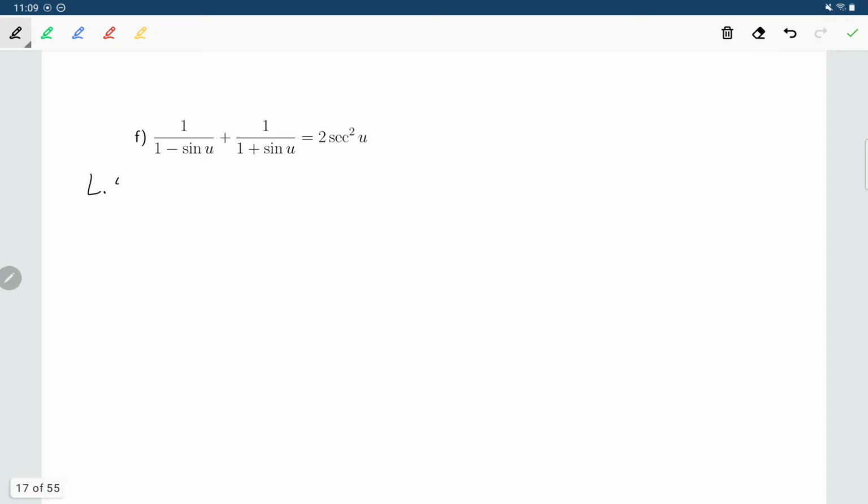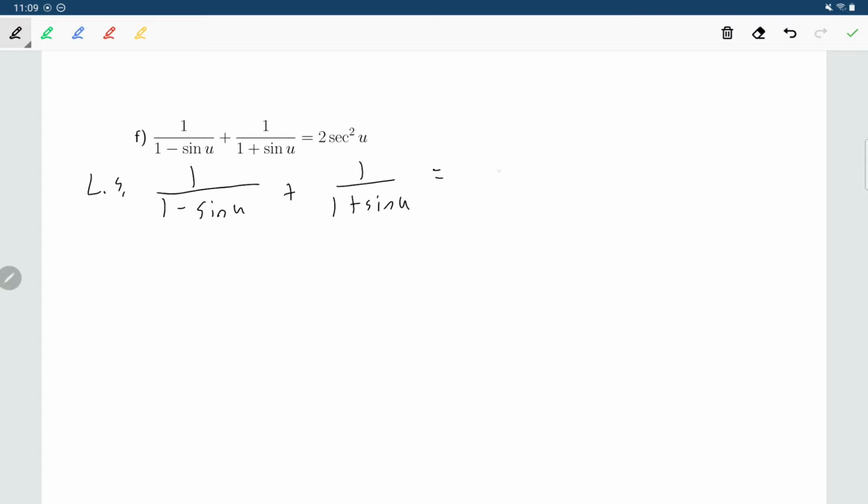So for the left side of the equation, 1 over 1 minus sine u in the bottom, and 1 over 1 plus sine u. So for my common denominator, it would be 1 minus sine u times 1 plus sine u.